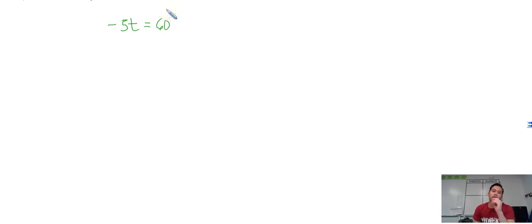Again, the objective here is to get your variable by itself on one side of the equation, either the right or left, but I suggest it be on the left. So in this case, we are going to divide both sides by negative 5. This will cancel out so that we have t.